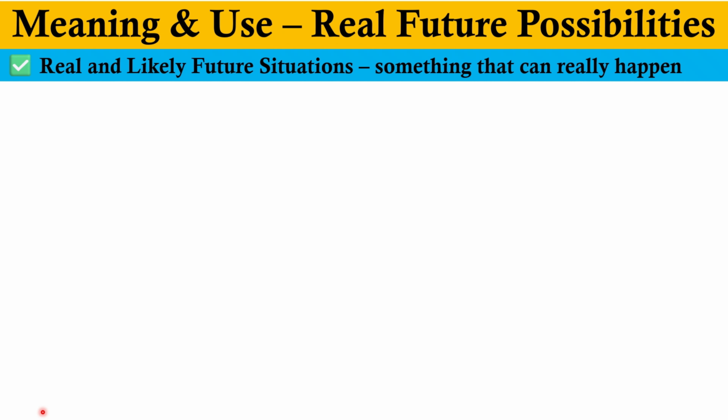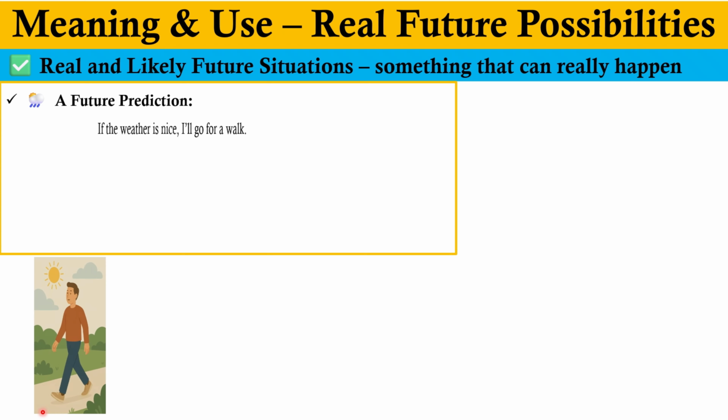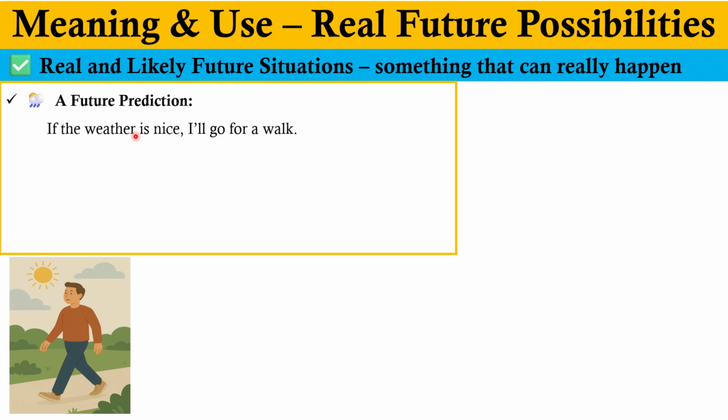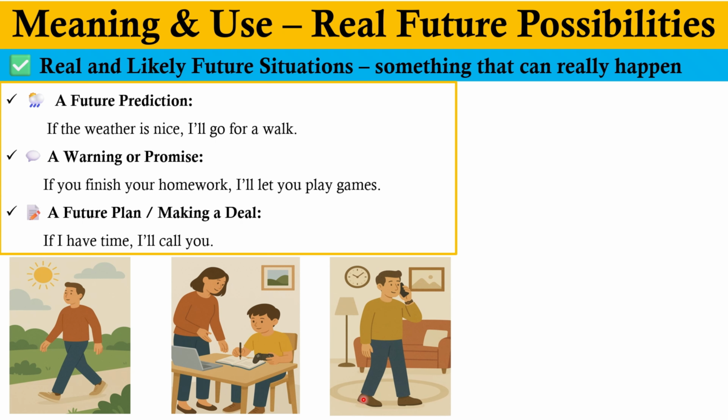For example, we often use it to make a prediction, like, if the weather is nice, I'll go for a walk. We can also use it for a promise or warning, such as, if you finish your homework, I'll let you play games. And sometimes we use it for a future plan or decision, like, if I have time, I'll call you.